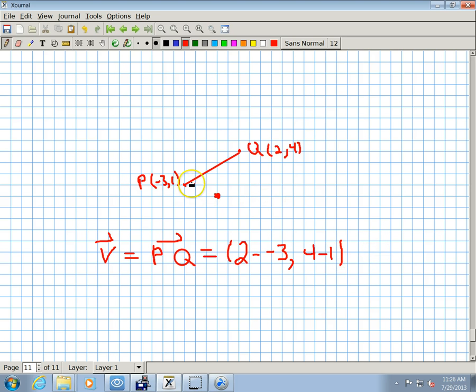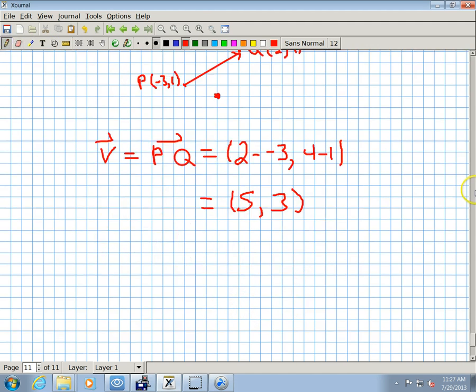So if you're defining your vector by the endpoints, where you start and where you end, you take your x components and subtract them. How do you subtract 2 minus negative 3, by the way? You add 3, so it's 5. So 5 units to the right, comma, and then 3 units up, which could easily be written in ij notation, if you like.